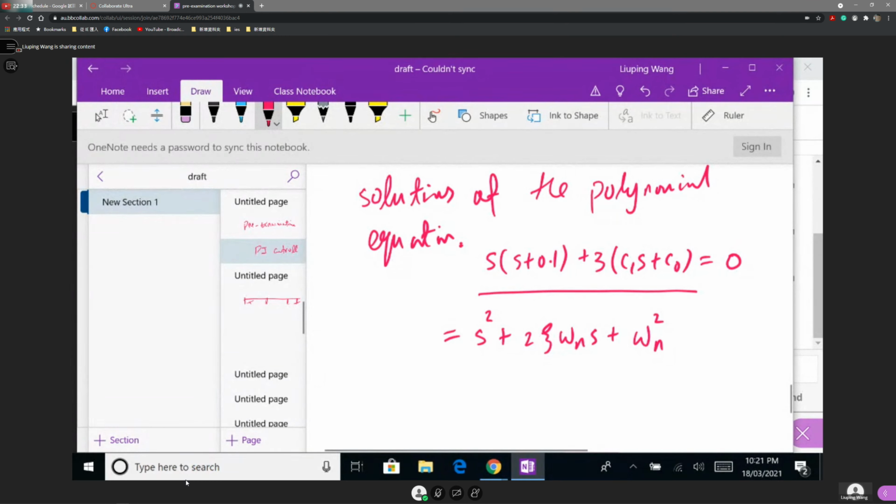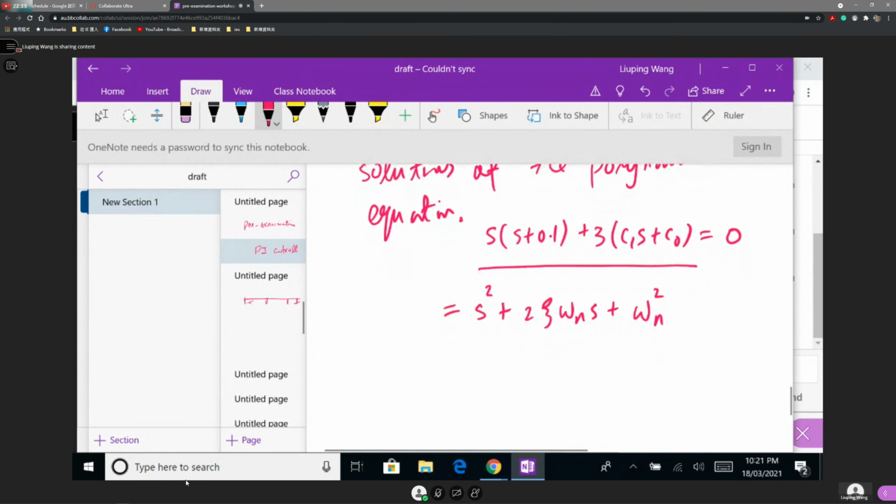So I compare coefficients of s squared: the top is 1 and the bottom is 1, so 1 equals 1.